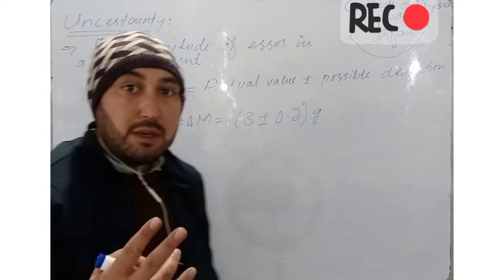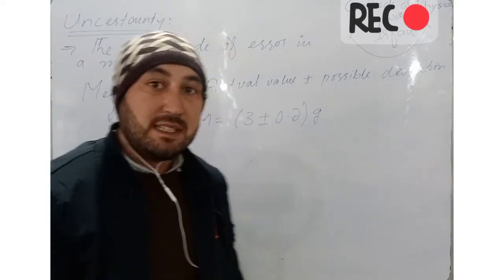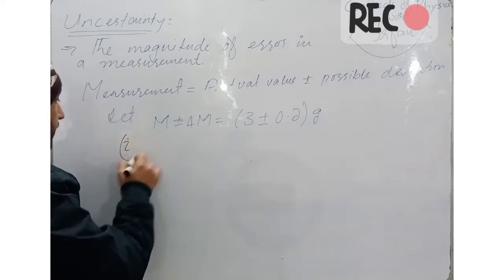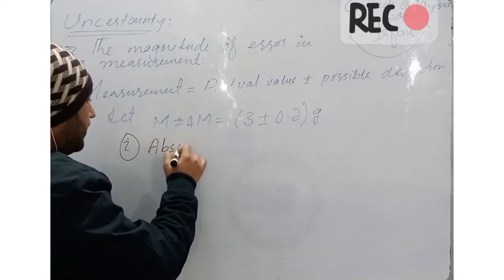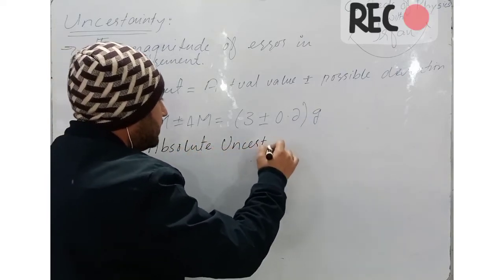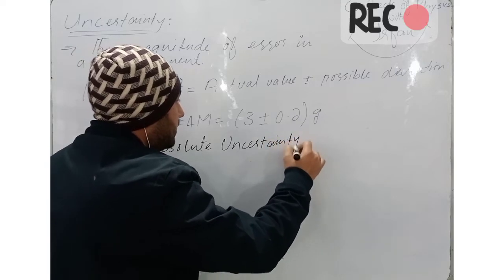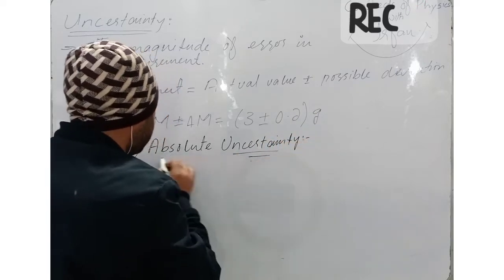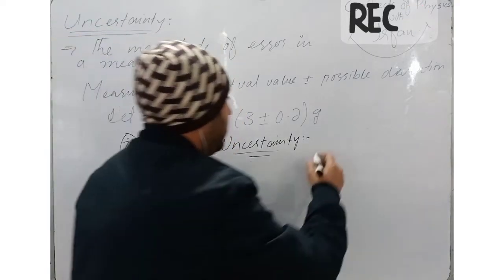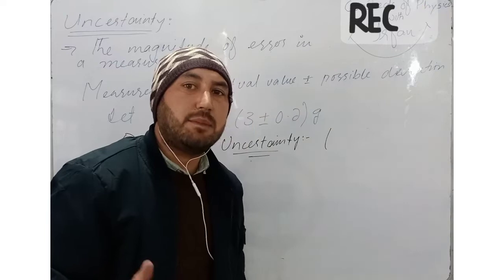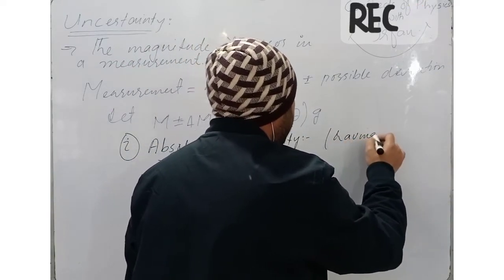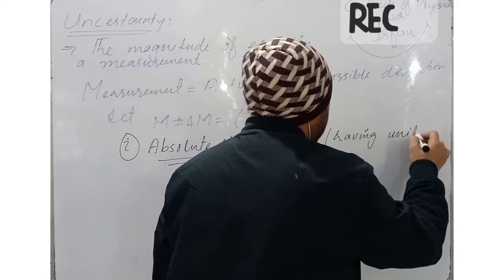There are two basic ways to represent uncertainties. The first one is absolute uncertainty. This is such a way in which the uncertainty has a unit.